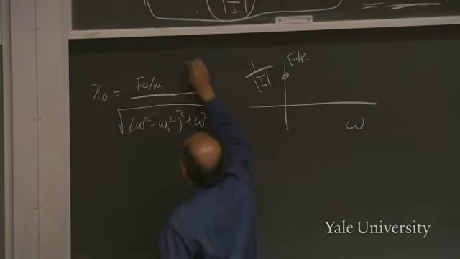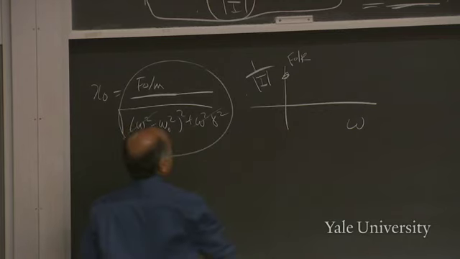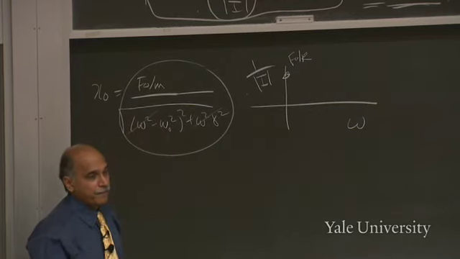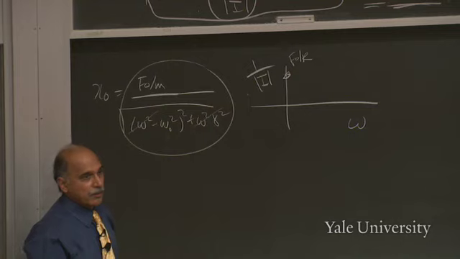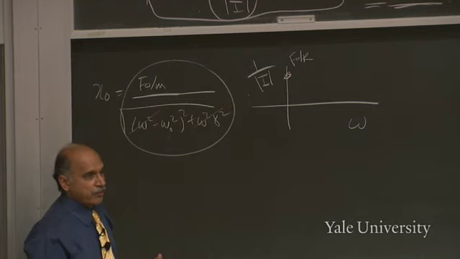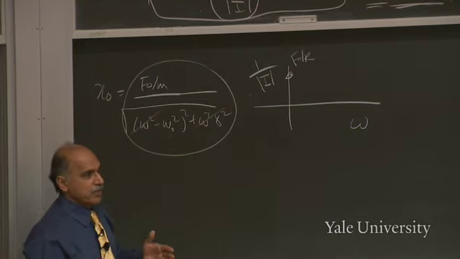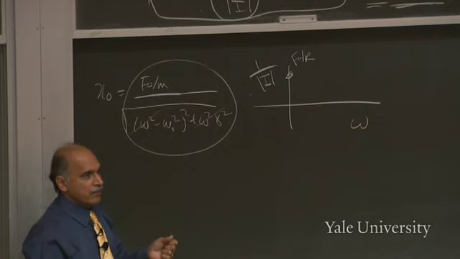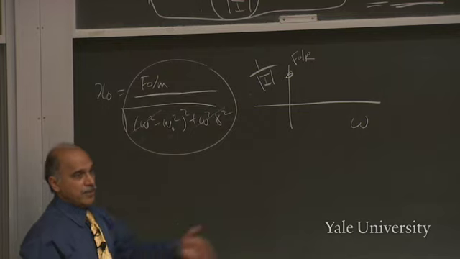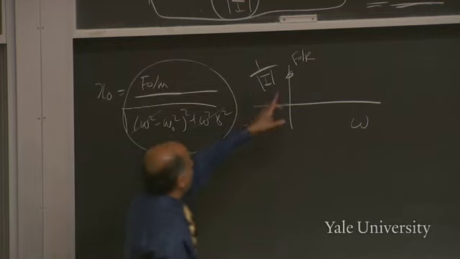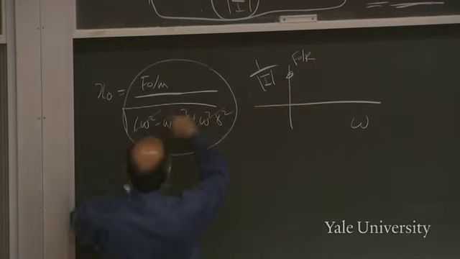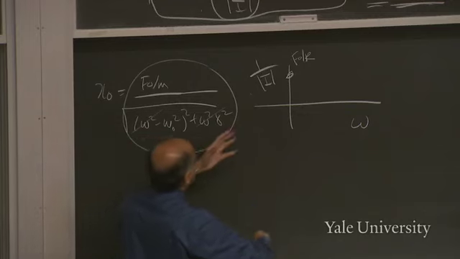That will be the value of this whole amplitude at 0 frequency. I hope that makes a lot of sense to you. 0 frequency means the force is not even oscillating. It's a constant force. What x are you going to get? You're going to get the force divided by the force constant. That's the x to which you will pull the spring. That's why if you put all the ωs and masses back into proper place, you will find it's F0 over k.